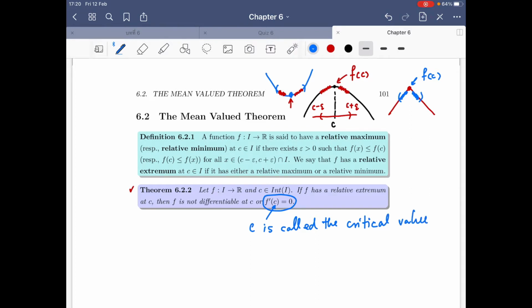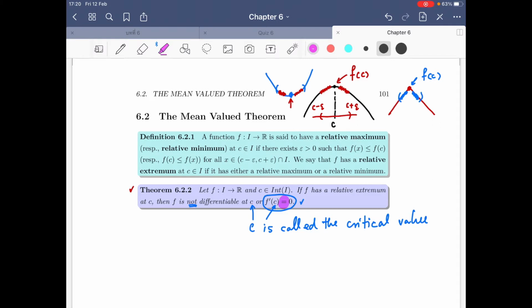However, actually the critical value has two kinds. The first kind is when your derivative equals 0, and the second kind is when your derivative does not exist at that point. However, in our Math 1, usually we concentrate on the first kind of critical value.